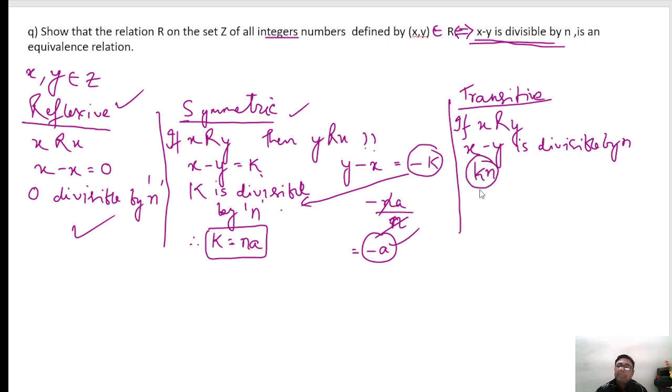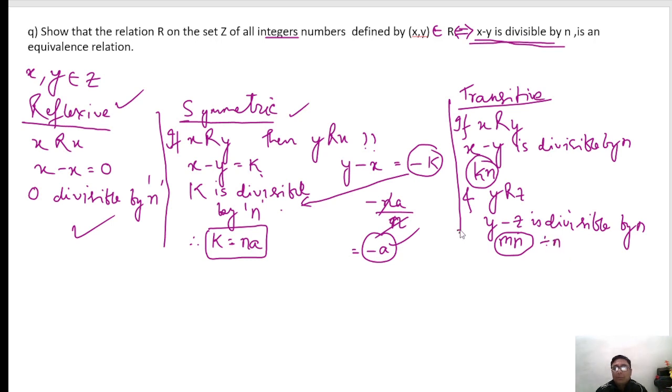Okay. And y R z, that means y minus z is divisible by n. That means I can tell let y minus z be mn. Okay, so mn is also divisible by n.